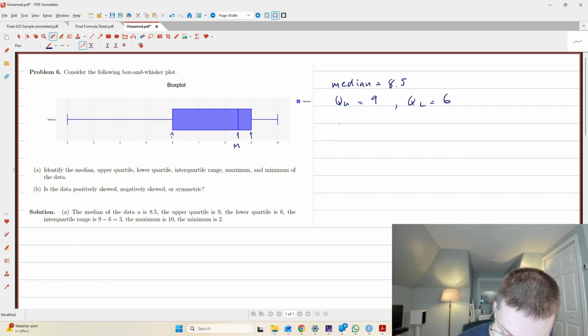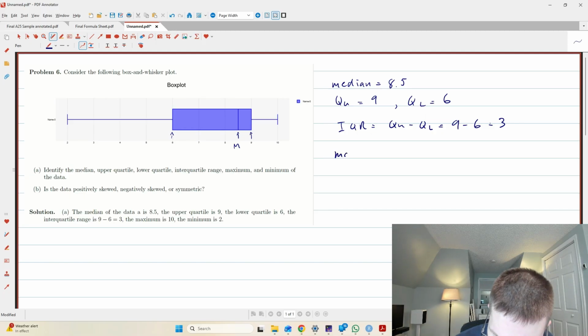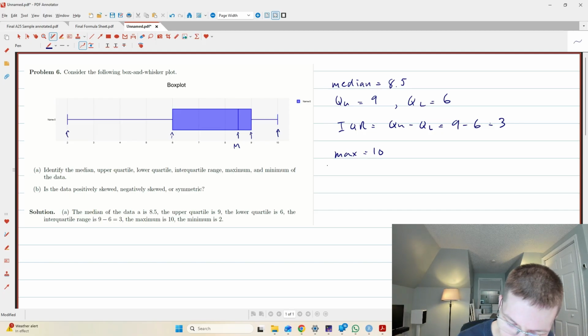The interquartile range is going to be QU minus QL, so 9 minus 6 is 3. Maximum is going to be 10. In this case, there are no outliers, like there's no asterisk symbols and no circle symbols. So the most extreme measurements are just going to be at the top and bottom of where the whiskers end. So that's going to be 10 for the max and 2 for the min.